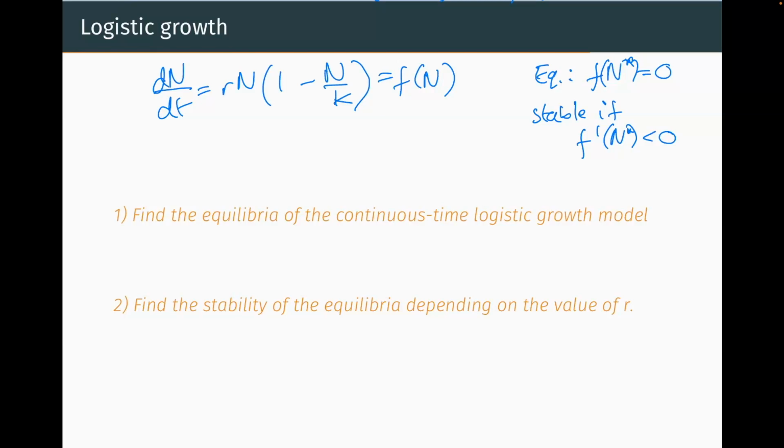Now we're in continuous time, and the perturbation grows according to an exponential. So it either grows as e to the lambda t, with lambda being positive, or it decays as e to the lambda t, with lambda being negative. So does that perturbation grow or decay? Depends on exactly the same setup as we had before in discrete time. The only difference is now the boundary is shifted and we don't have these oscillations.